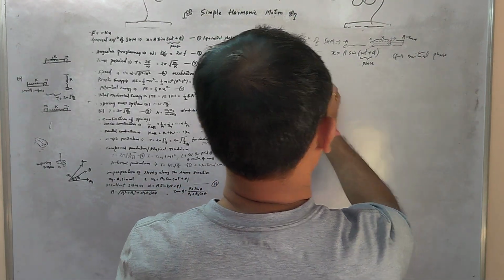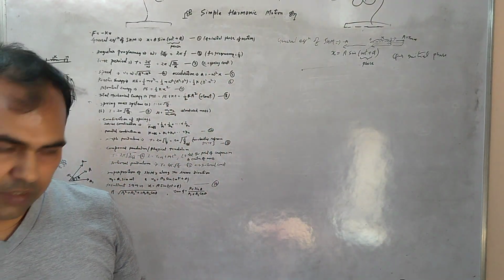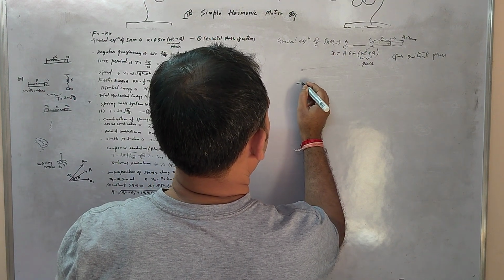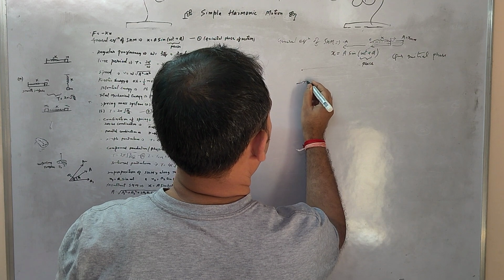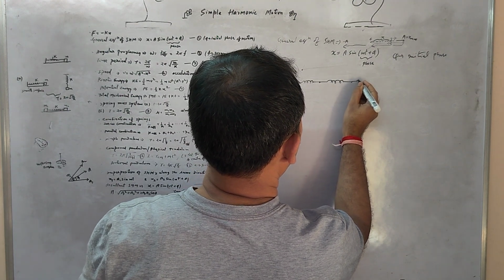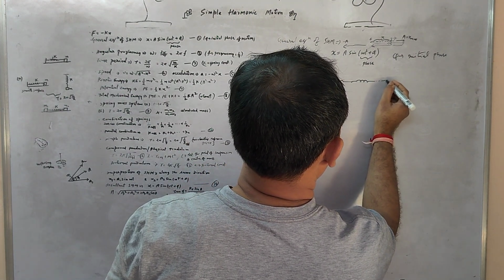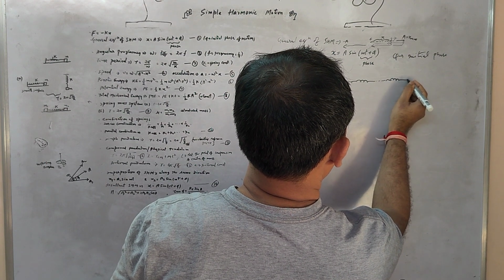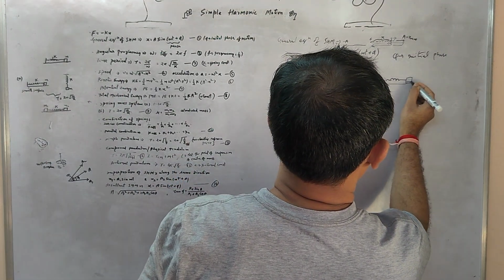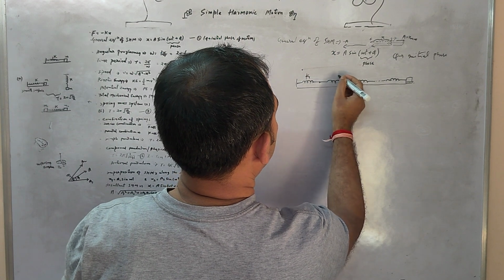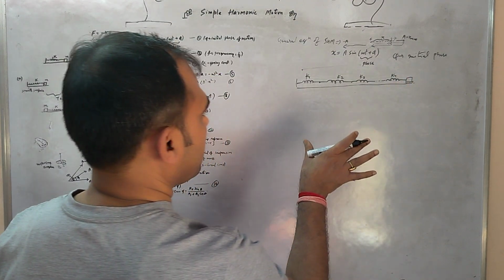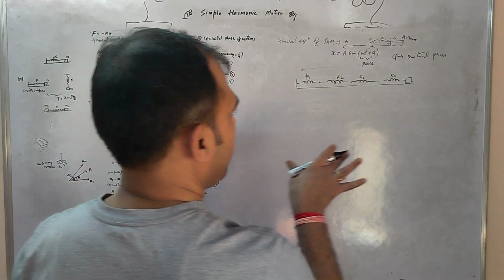Now let us discuss combination of springs. See, if this is a series combination, n springs are connected, with spring constants k1, k2, k3 and so on up to kn.